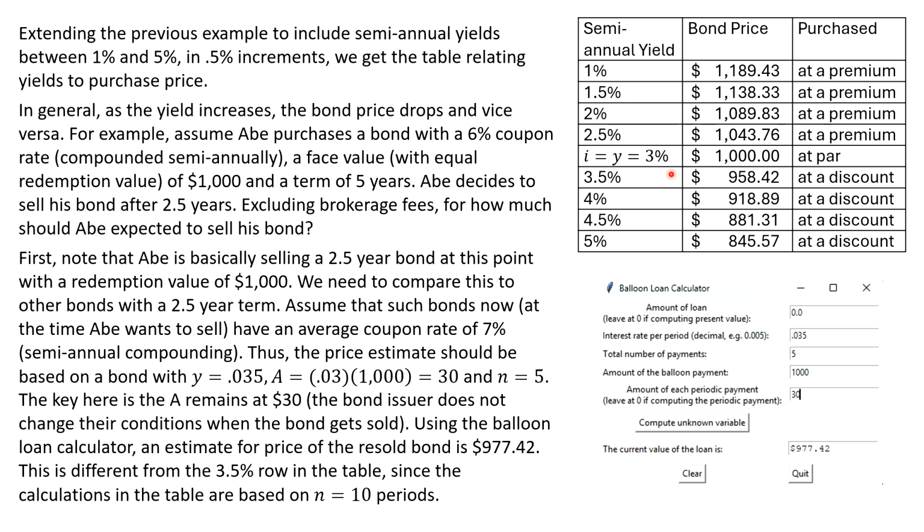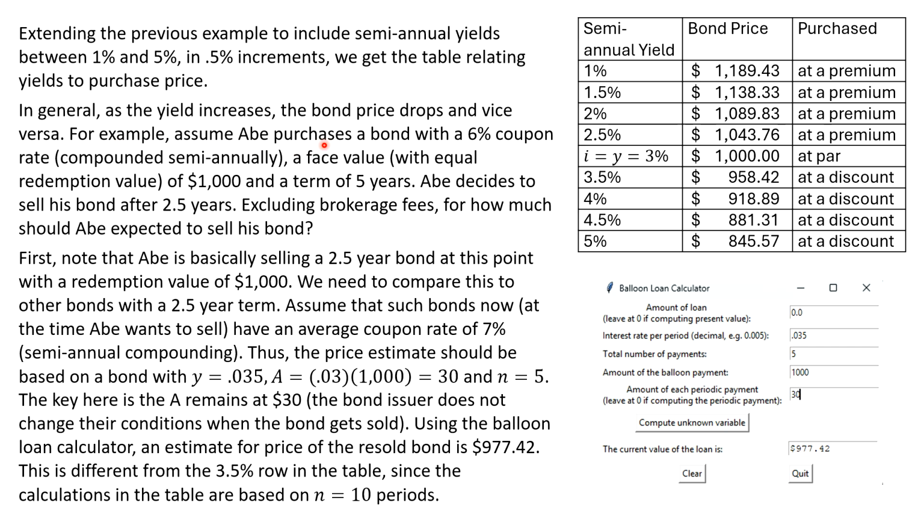And maybe the market has changed and someone can get 5% semi-annually for a similar term and payout. In order to match what's going on in the market, you need to sell your bond at a lower price so that the yield is matching the market of 5%. So that's the idea there. Let's look at a particular example.